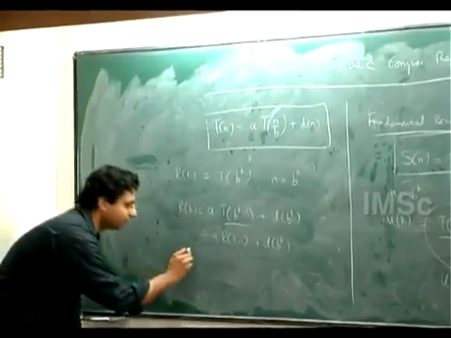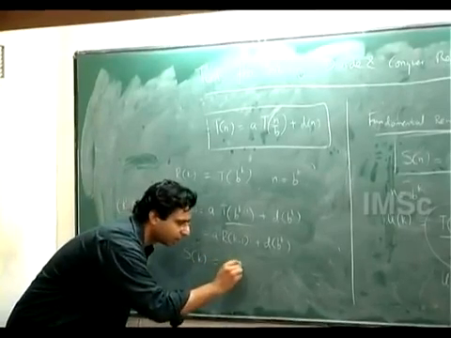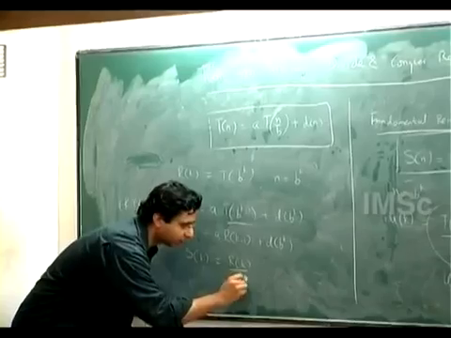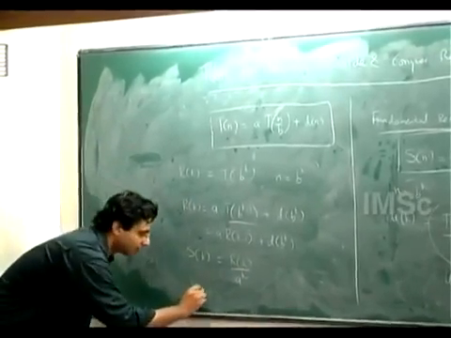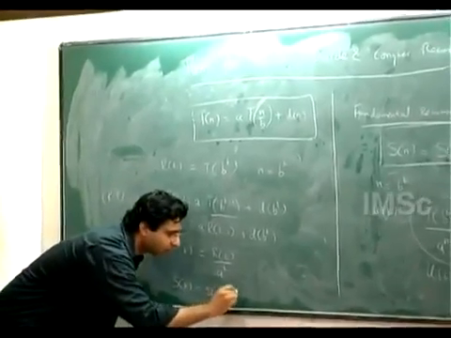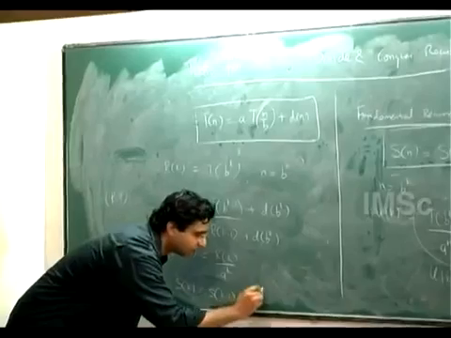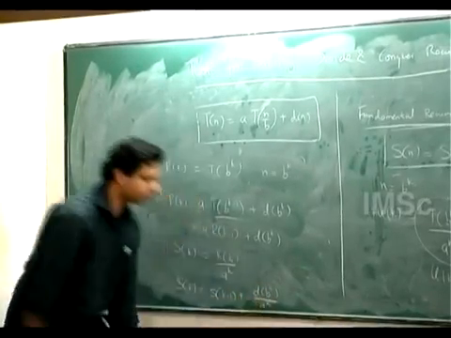How? I define S of k as R of k divided by A raised to k, and again I get S of k is S of k minus 1 plus the driving function evaluated at b raised to k divided by A raised to k.